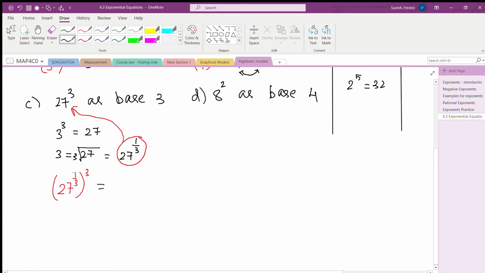So now we have 1/3 and a 3 which we have to multiply. 1/3 of 3 is the same thing as 1. So I get 3 to the power of... sorry, I made a mistake here, didn't I? Okay, so I made a mistake. So clear that. Let's go back.